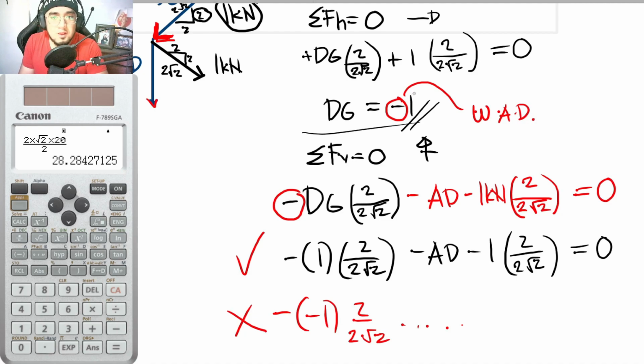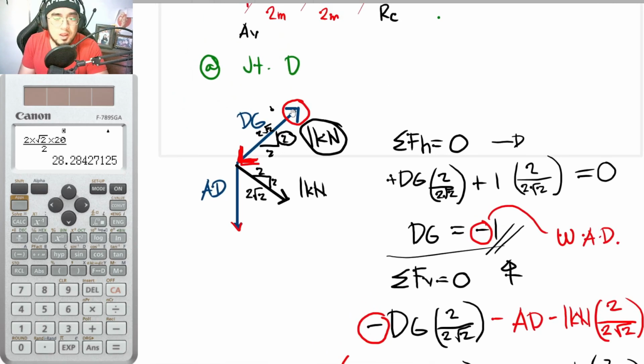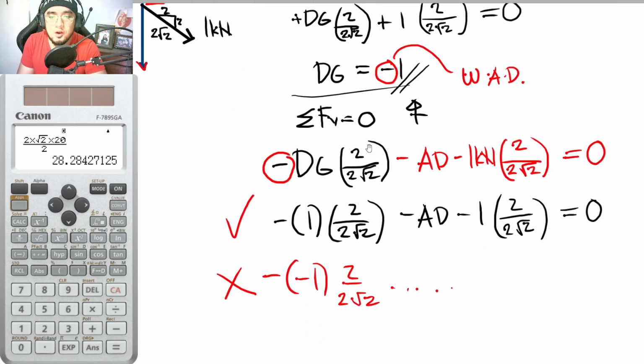If you would still be substituting this into this equation, then there is already a redundancy. I have already indicated this negative symbol, which indicates downwards, and the magnitude of DG is 1, meaning that this is still 1 kilonewton, but it is now pointing downwards.